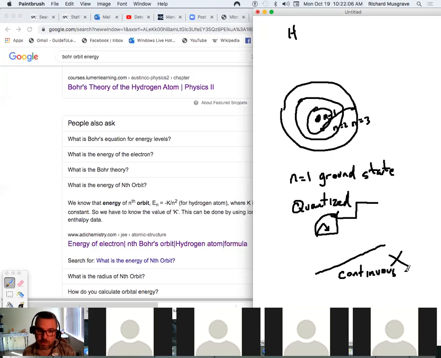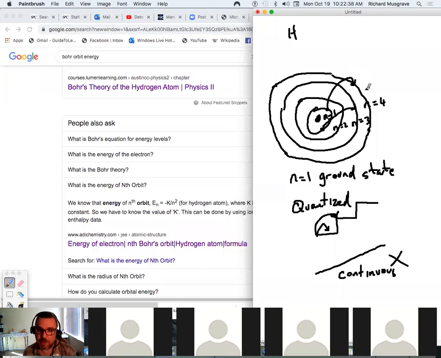But it's a quantized situation. Steps, not a ramp, is kind of what I'm getting at here. Now, what's going to happen is that, let's say we send it out to n equals 4 from n equals 1.